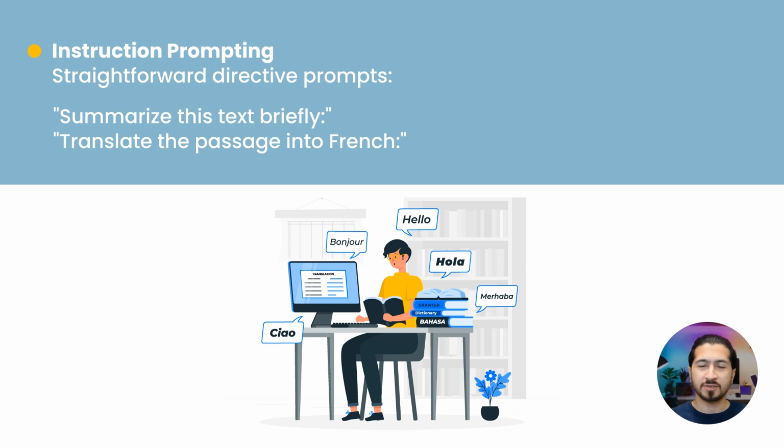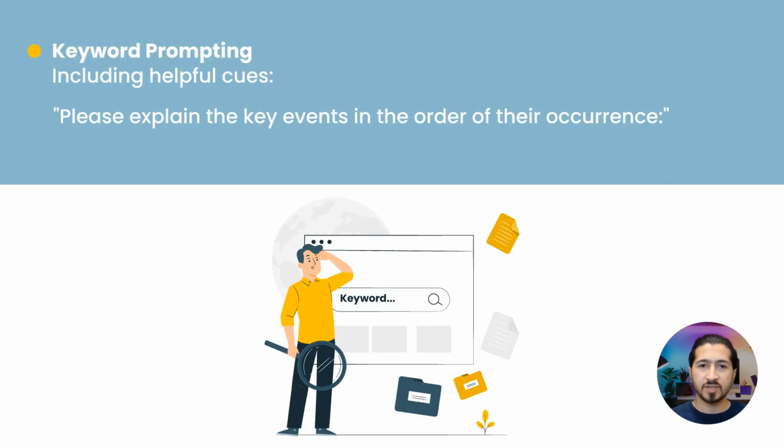Instruction prompting. These are straightforward directive prompts. For example, summarize this text briefly, or translate the passage into French. There's also keyword prompting, which includes using helpful cues. For example, please explain the key events in the order of their occurrence.